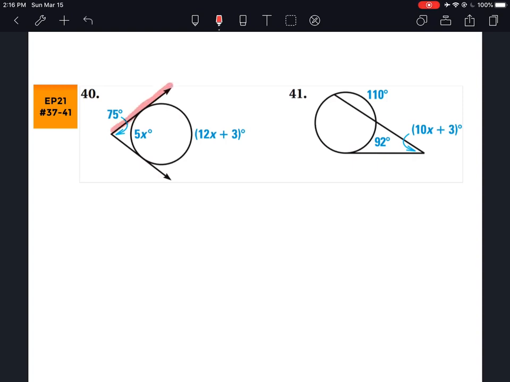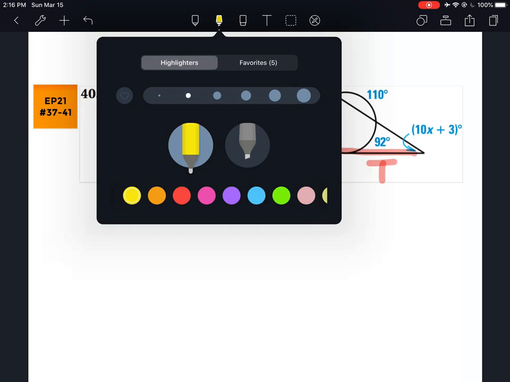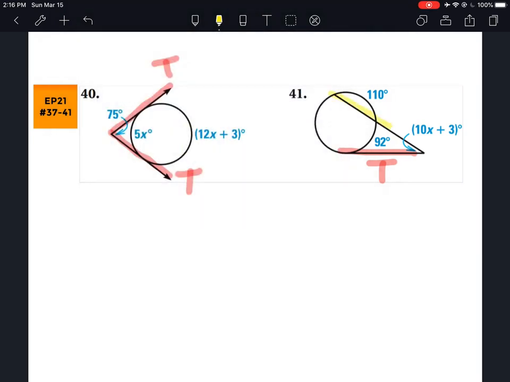Now for this one, this is a tangent, and so is that one. Tangent and tangent. Notice for this one, this is a tangent, but this is called a secant. However, the formulas are the same.